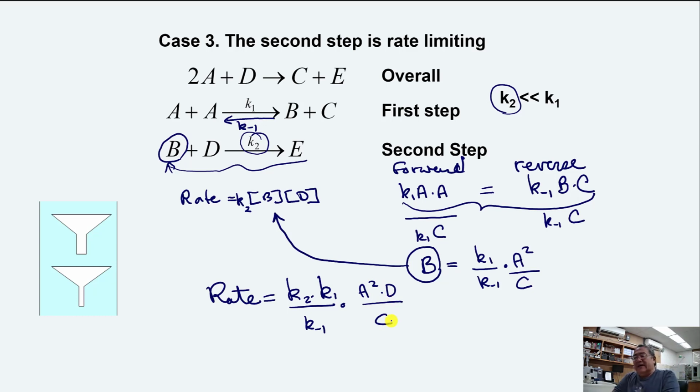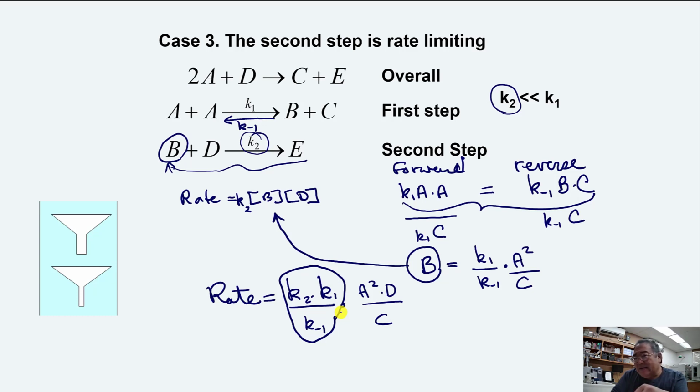Now, that's a relatively complicated rate law because I just made up a reaction, but that would be the rate law for the reaction. One other thing to say is that I have this set of rate constants. That's a collection of all the microscopic constants, the ones for the steps of the reaction.